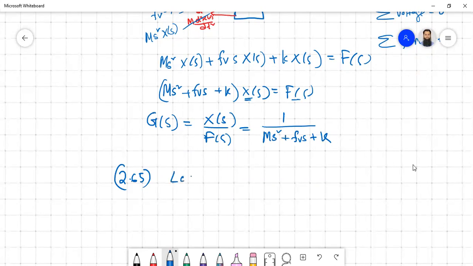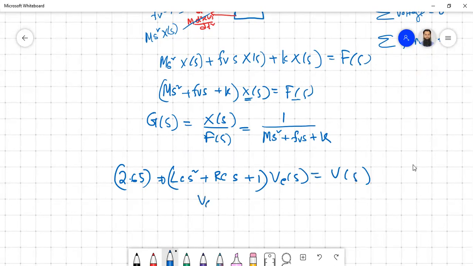You have something like this: (LC s square plus RC s plus 1) Vc(s) equals V(s). So from that, if you find Vc(s) by V(s), then you had something like this: 1 by (LC s square plus RC s plus 1).